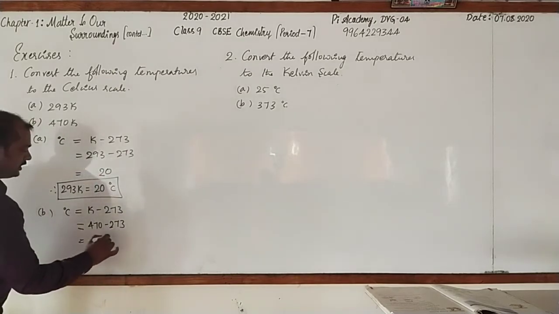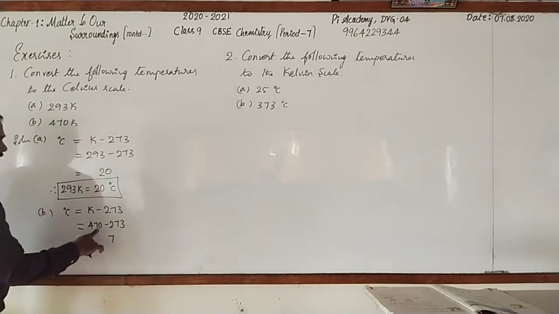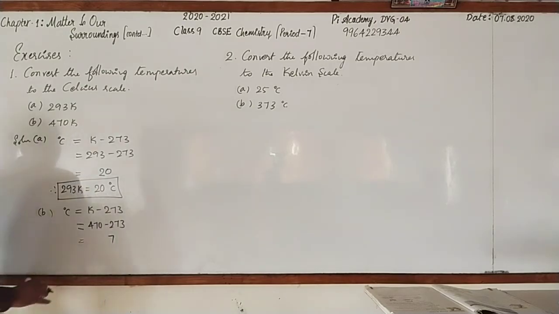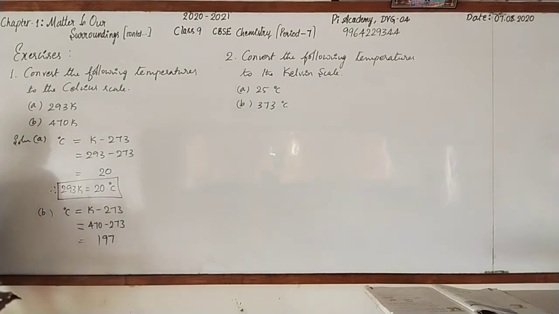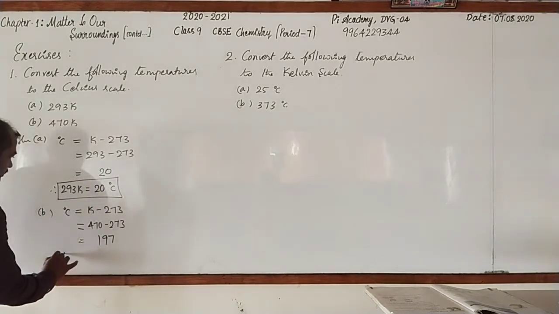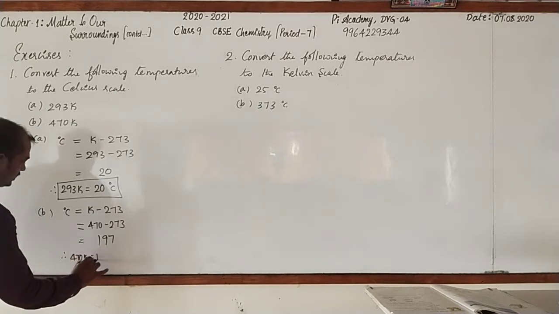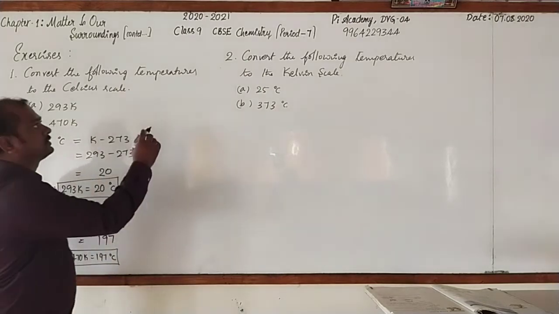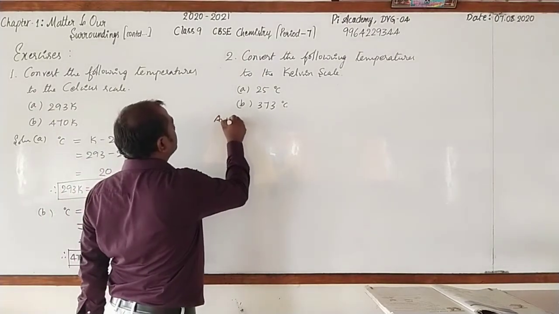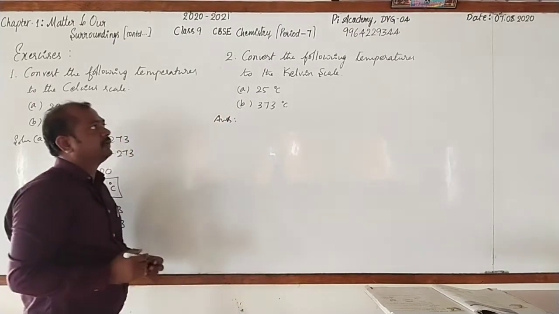Here 10 minus 3 is 7, 6 will remain, and 16 minus 7 is 9, 3 will remain, 3 minus 2 is 1, so 197. Hence we can write 470 Kelvin is equal to 197 degrees Celsius. Clear? Yes.